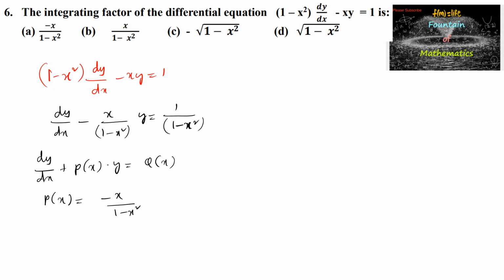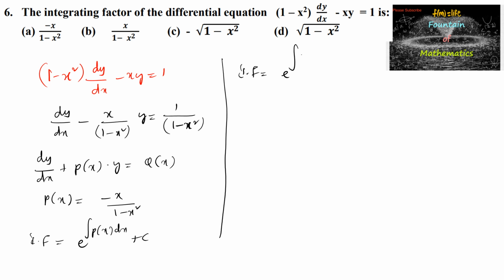So we can take the integrating factor as e to the power integral of p(x) dx. Here the integrating factor is e to the power integral of -x/(1 - x²) dx. Here we can substitute 1 - x² = t. So we have -2x dx = dt, or -x dx = (1/2) dt.